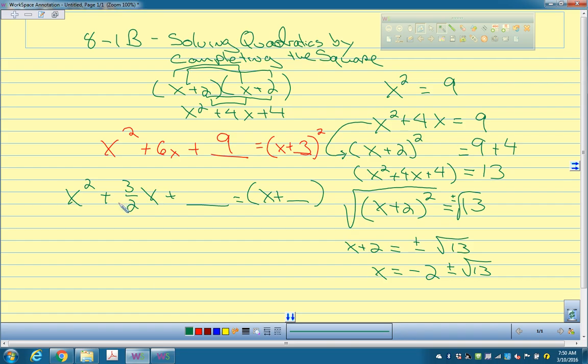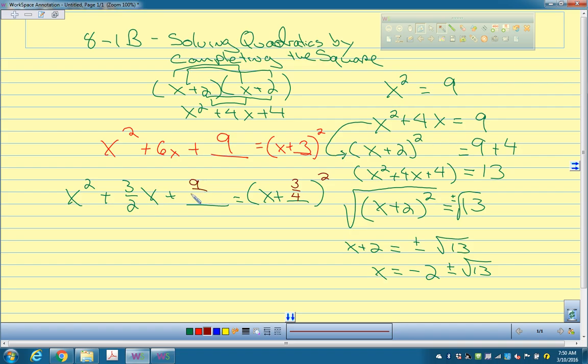What's half of 3 halves? That's kind of tricky. 3/4, right? That's what goes there. 3/4 goes over here, and 3/4 squared goes over there. What's 3/4 squared? You have to square the top and square the bottom. What's 3 squared?